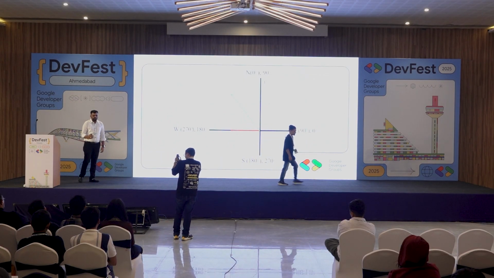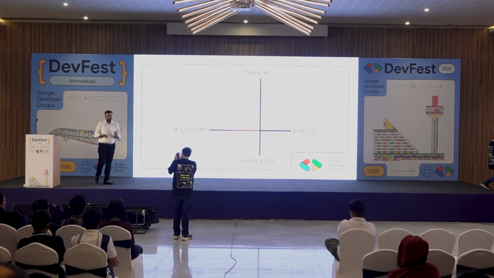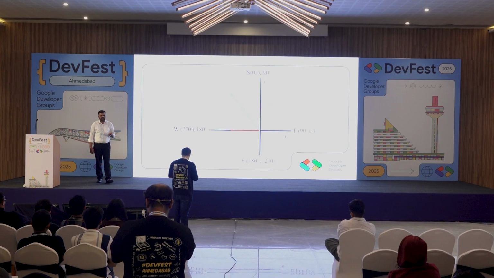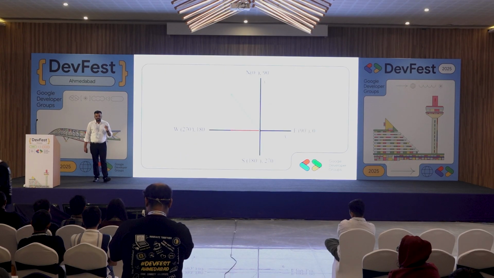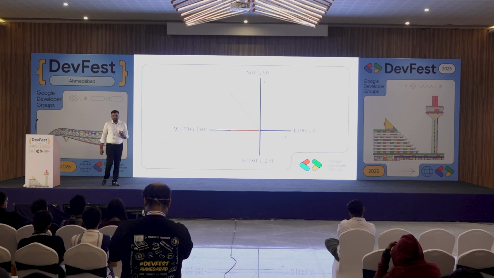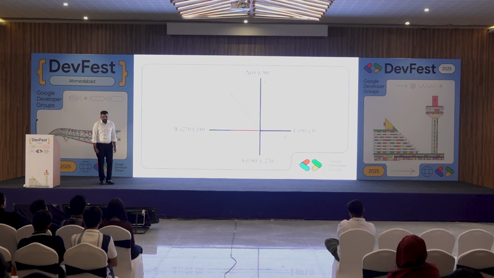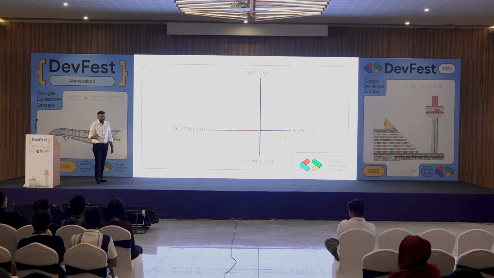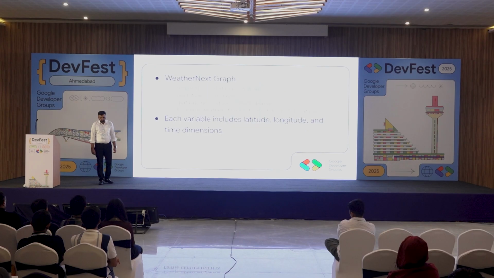In the same way, wind is given as vectors. Why vectors? Because wind has a direction. It can move from north to south, south to west, or in any direction. So it requires 2 components, U and V. Using those components, at runtime we calculate the wind speed and display it in the demo.